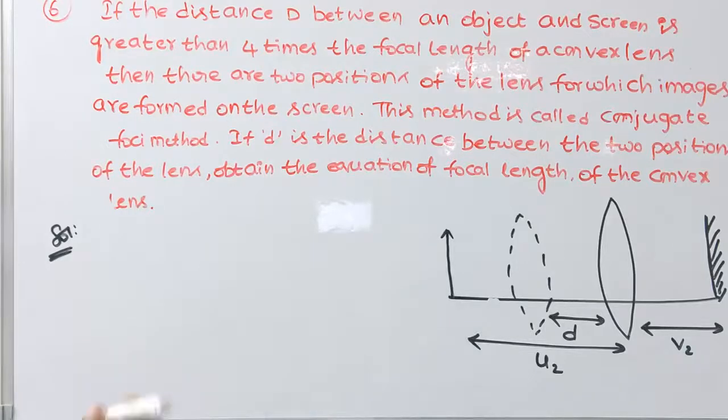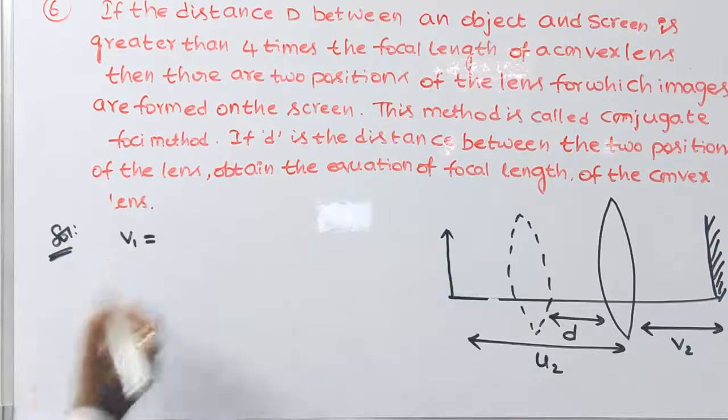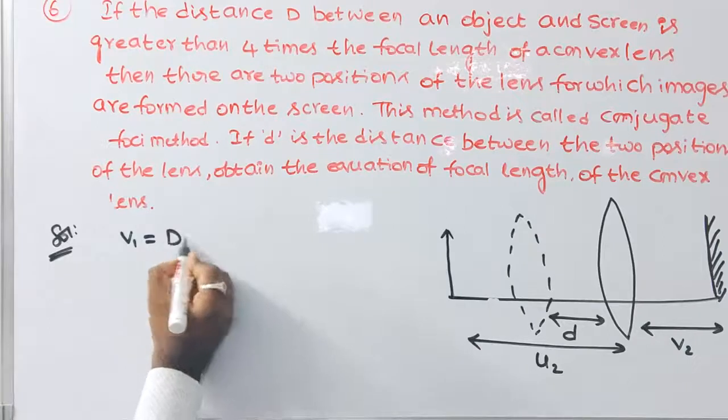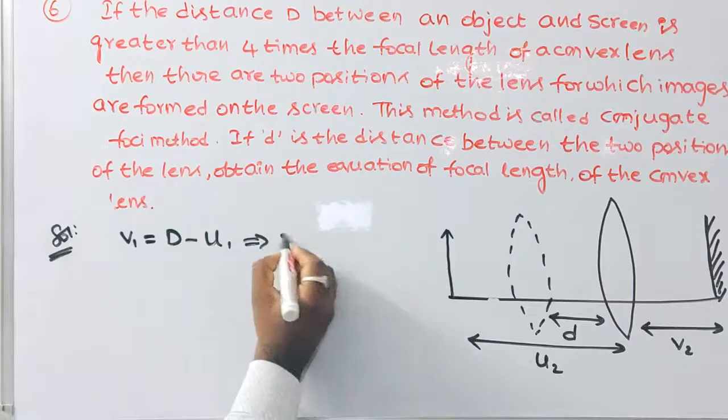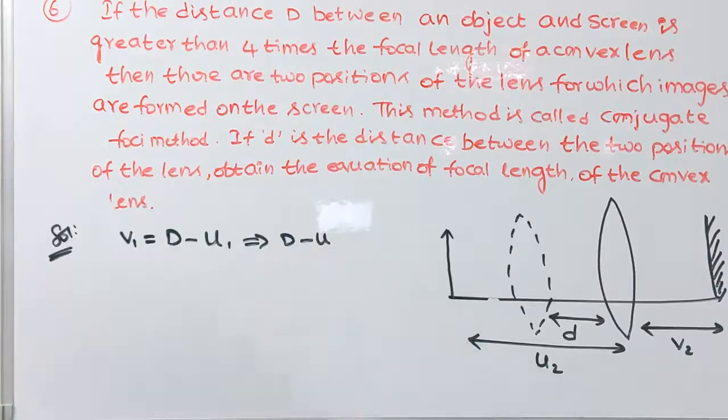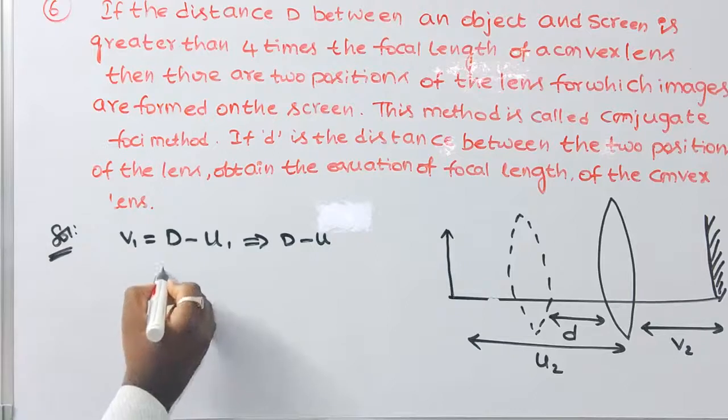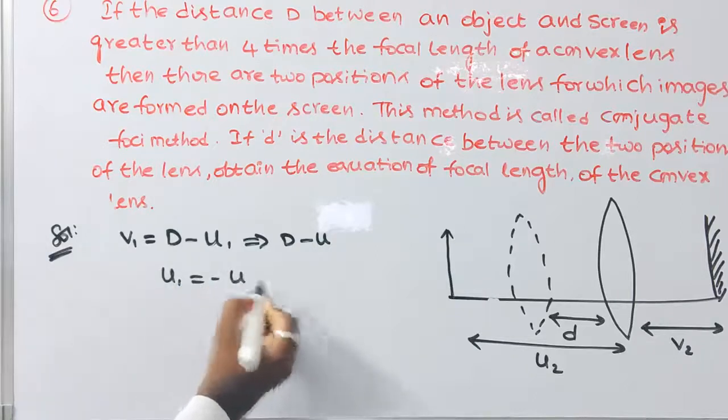Next, v1 is equal to D minus u1, that is equal to D minus u. Then u1 is equal to minus u.